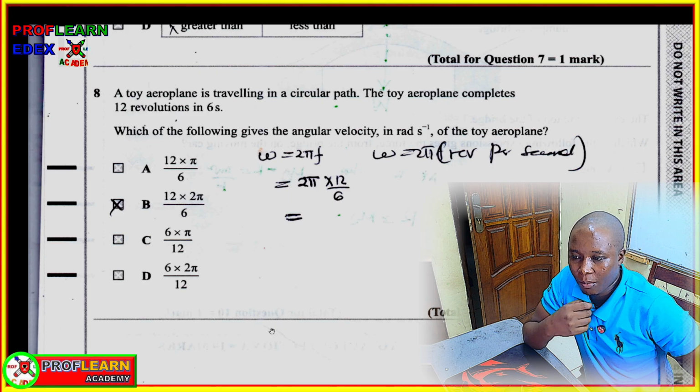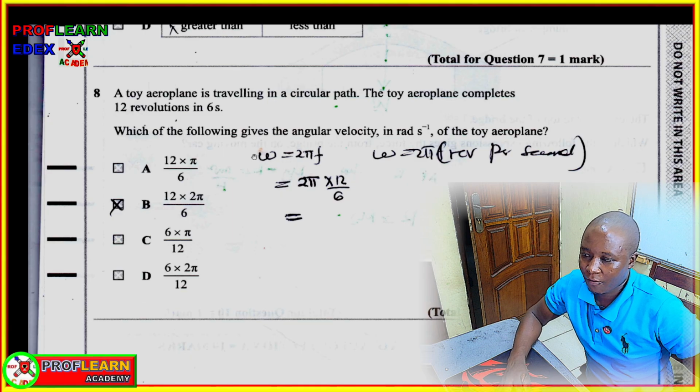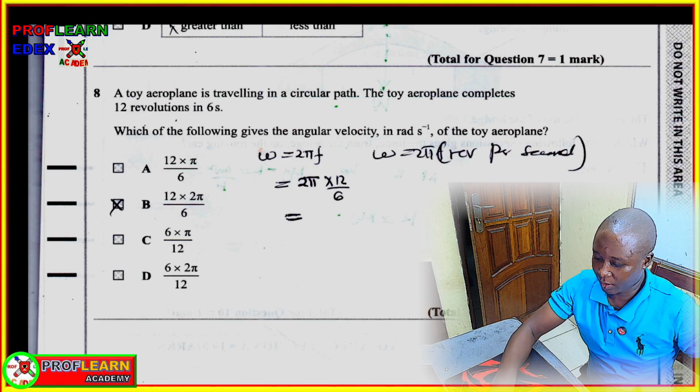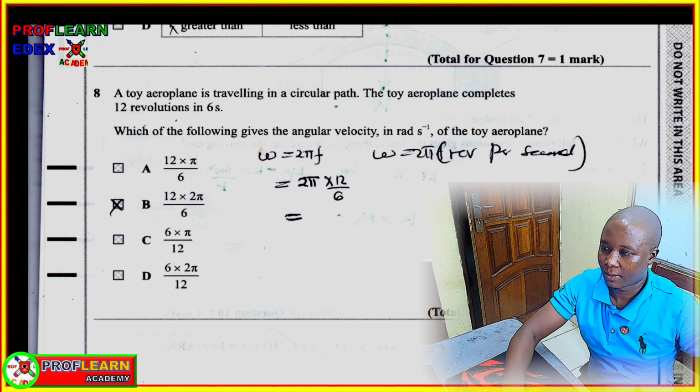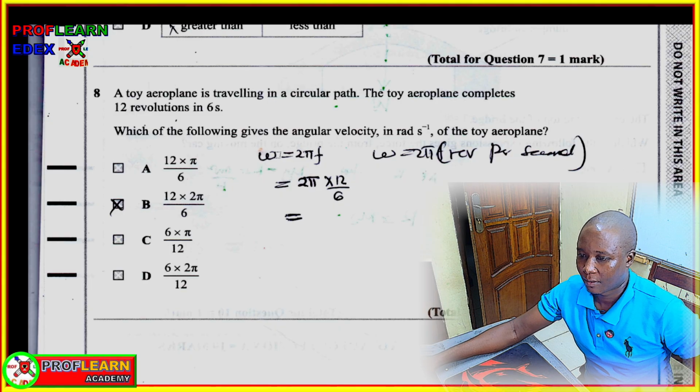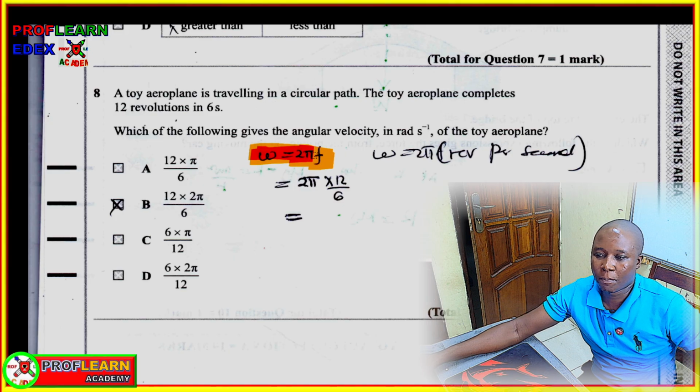And the formula for angular velocity is given by omega equals 2 pi f.